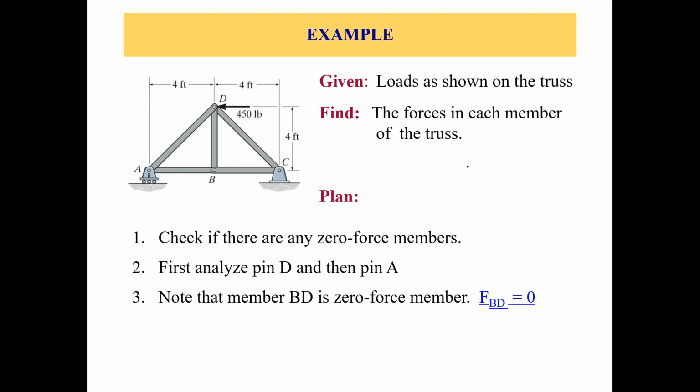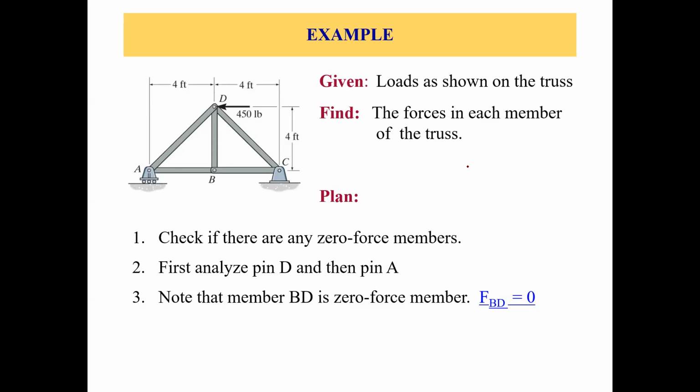Okay, so how should we go about this problem? Let's talk about that. First, as we already saw, we need to know whether there is a zero force member or not. So let's check. If you just visualize this truss, you can see that member BD is a zero force member.